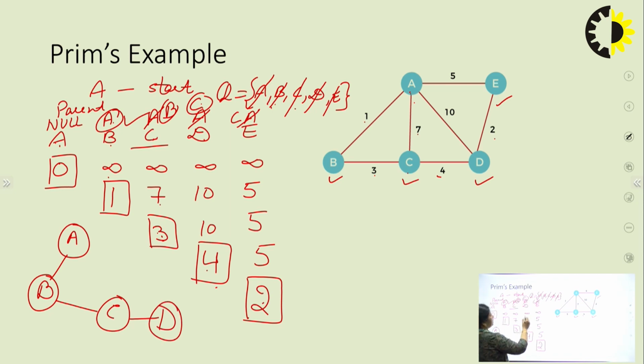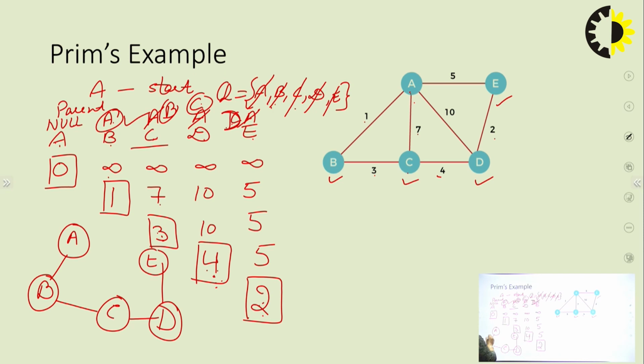What is the parent node of E? E we have updated with selection after D, so the parent node will be D. E's parent node will be D because E's value was changed after D.